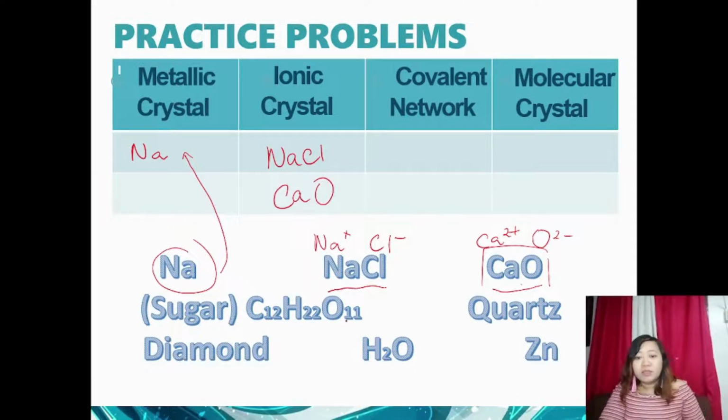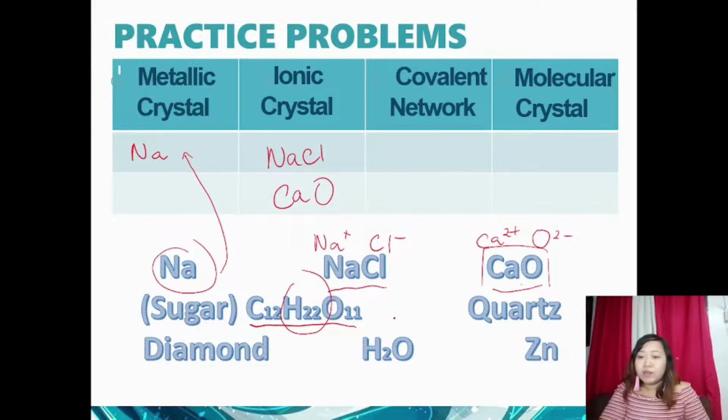Next, sugar with the chemical formula C12H22O11. These have hydrogen bonds, and these are also covalently bonded molecules.